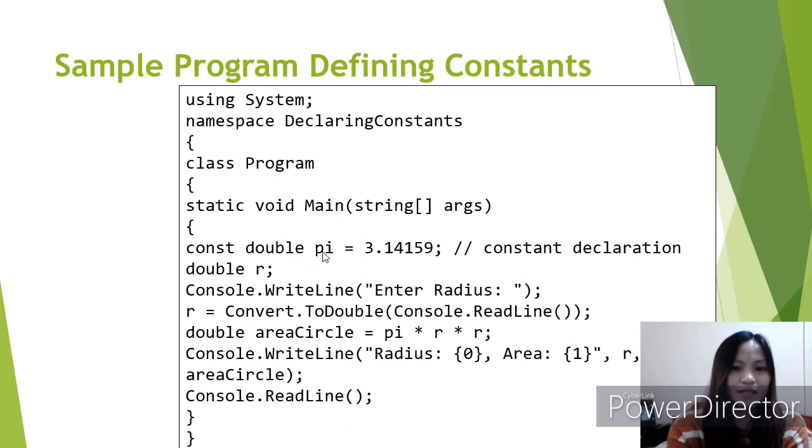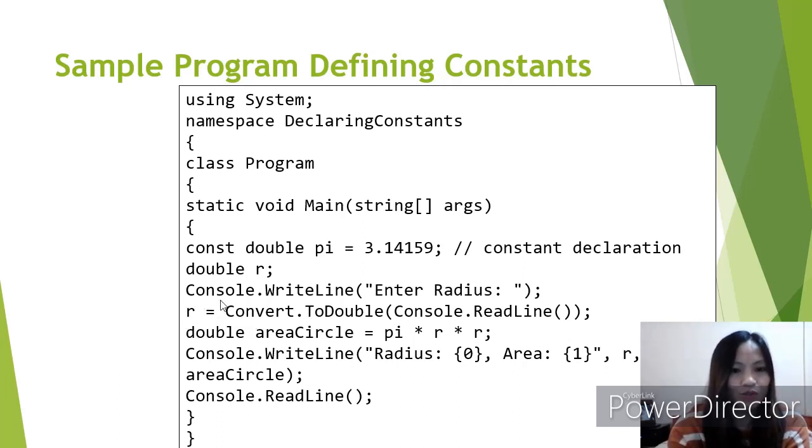The constant name pi, which is a user-defined identifier, has data type double and it is constant, and its value is 3.14159. And then we have variable r, its data type is double. So this will display "Enter radius", and then this line will allow you to type the value of the radius.